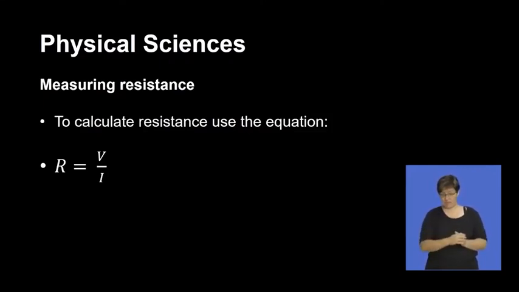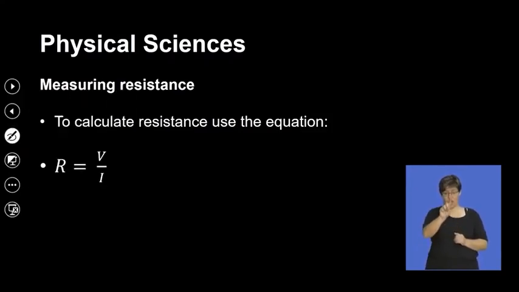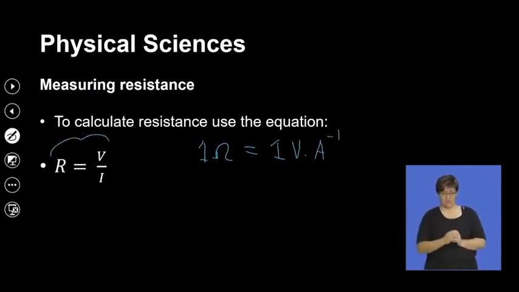And remember, 1 ohm, which is the SI unit of resistance, is equal to 1 volt per ampere. So this is where this mathematical equation comes from. Right, so that's as far as determining resistance.